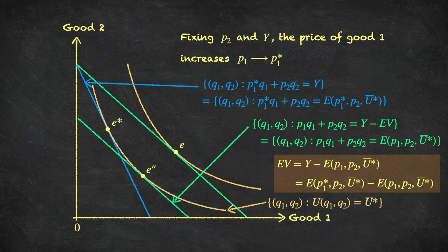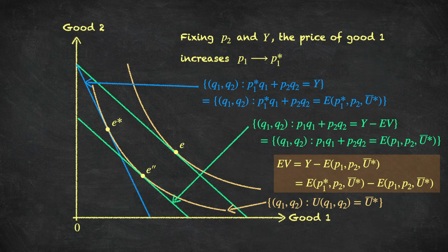Combining these, we see that the equivalent variation is equal to the difference between the original income and the amount of income required at the original price level in order to achieve utility U bar star. So it's equal to the expenditure function evaluated at P1 star, P2 and U bar star, minus the expenditure function evaluated at P1, P2 and U bar star.